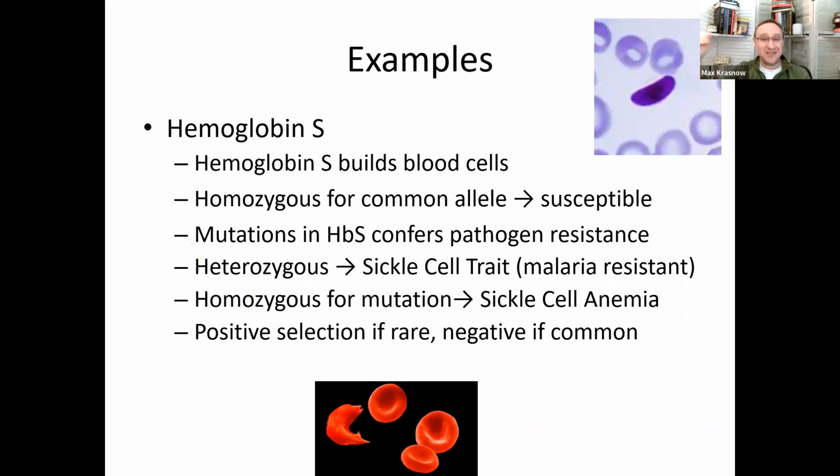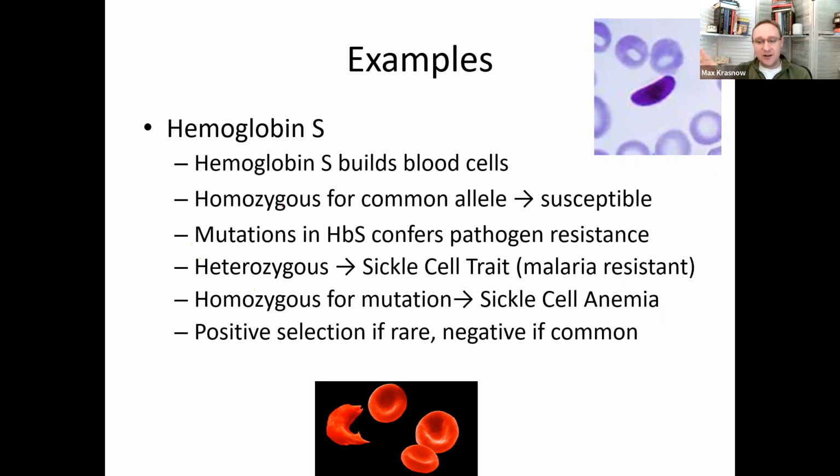Turns out it's those places where malaria is common. This gives us the kind of textbook example of that push-pull relationship between natural selection on the functional organization of a species and that selection pressure induced by pathogens to maintain diversity at that biochemical level.